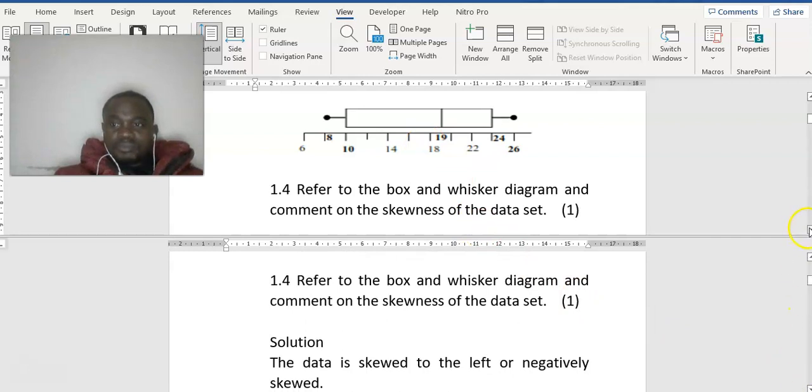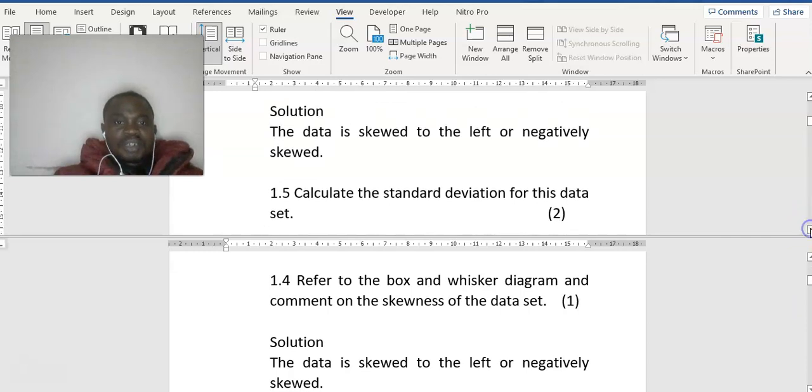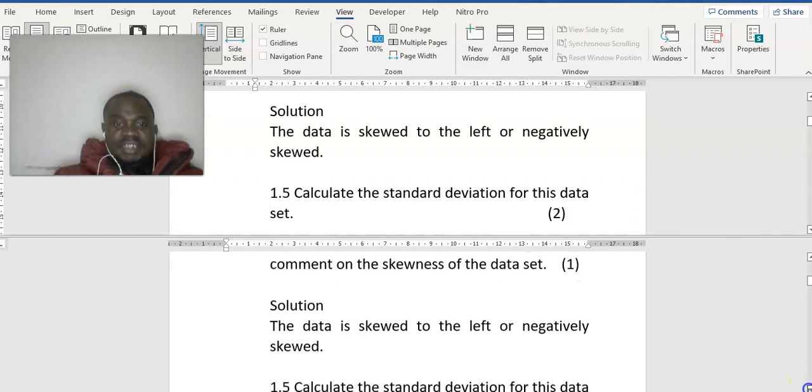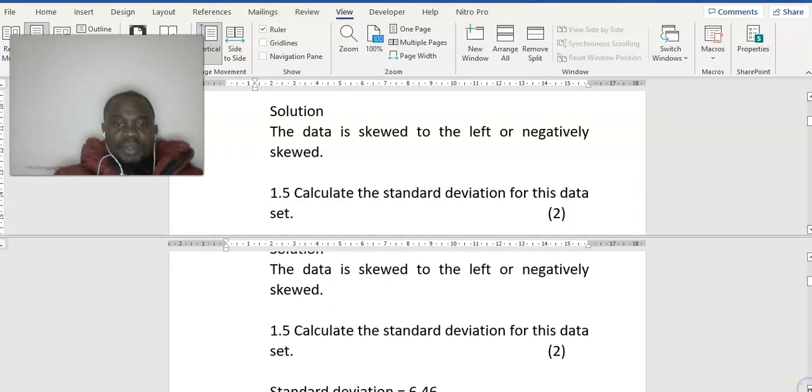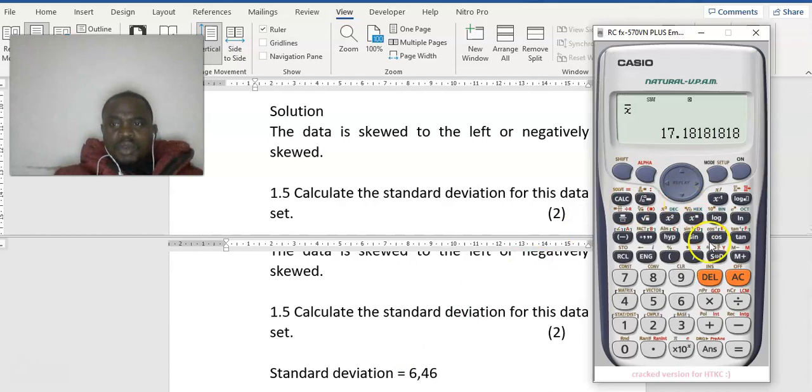Let's look at this. Calculate the standard deviation for this data. This is where we need a calculator. Remember, you don't have to do any calculation here. We already have our information in the calculator. You don't have to press it again. So let's see how we are going to get the standard deviation.